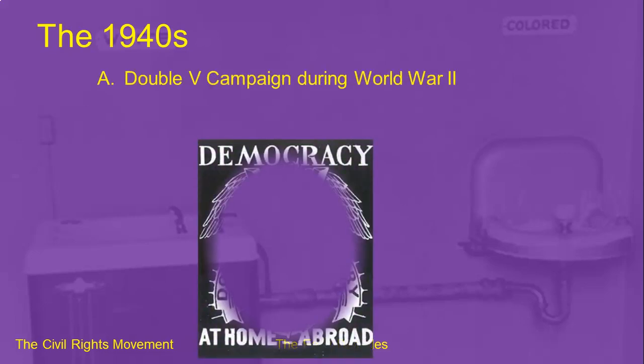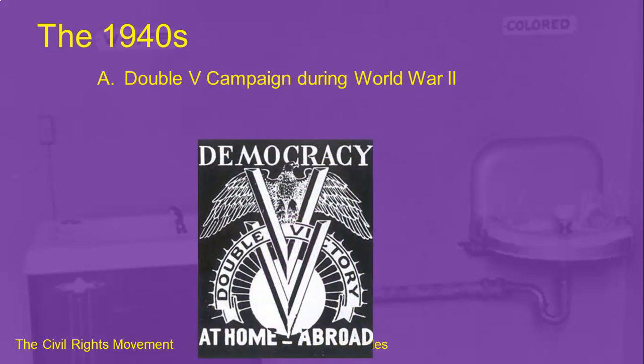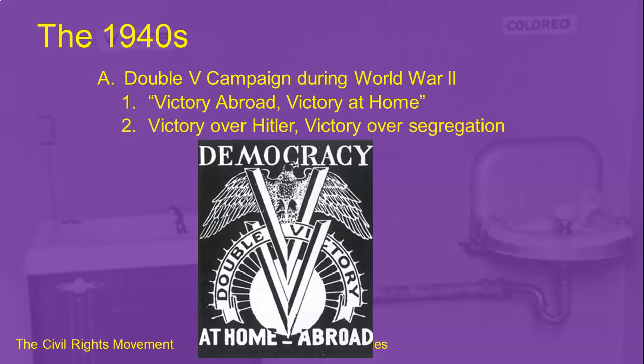All right, so now we get into the 1940s, and if you remember World War II, we should have talked about the Double V campaign, where the African American community worked for what they called victory abroad, victory at home. Victory over Hitler and Japan, and victory over segregation and discrimination.